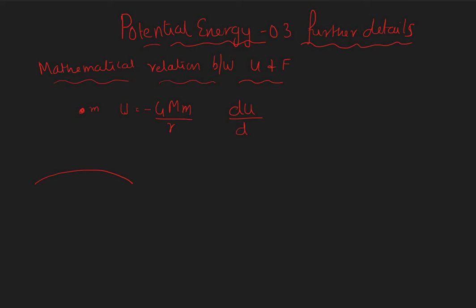Your dU by dr is plus GMm by r squared, which is nothing but your gravitation force, but it's minus of the gravitation force, because your gravitation force Fg is in this direction, and GMm by r squared is positive by our convention, so that's in this direction.